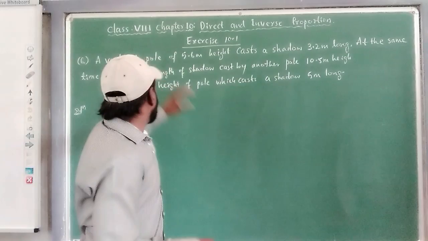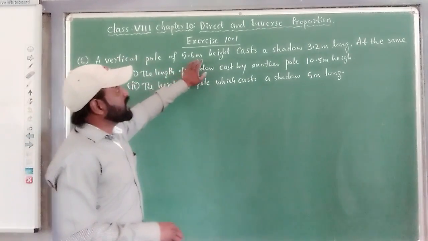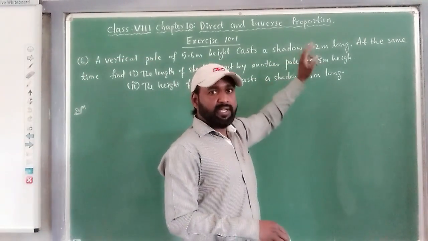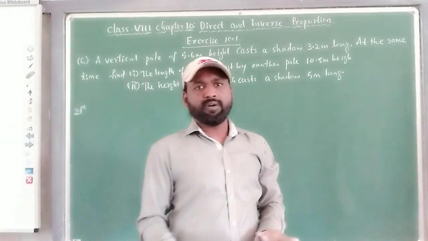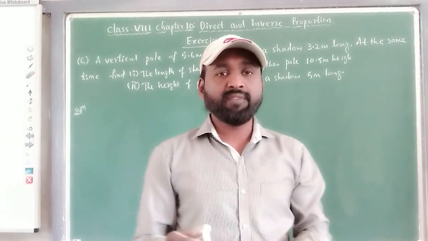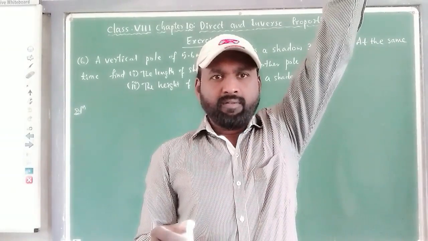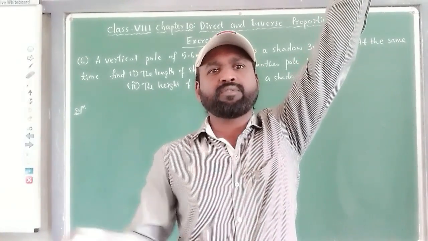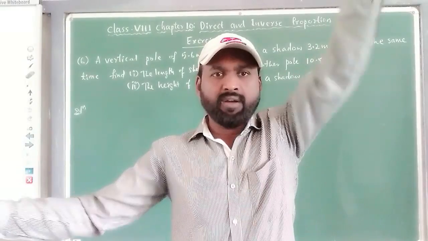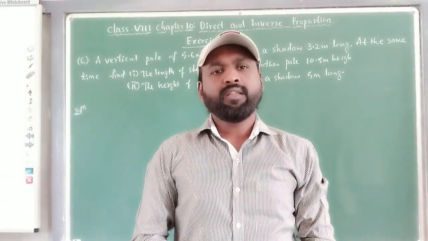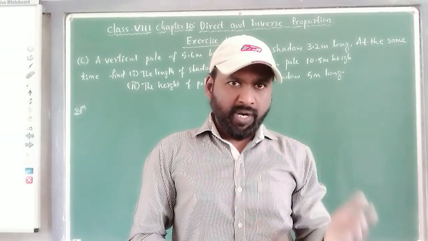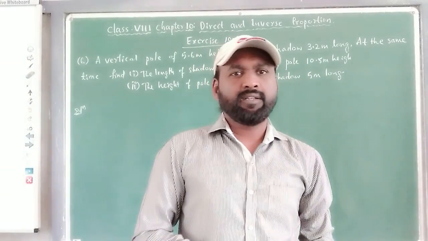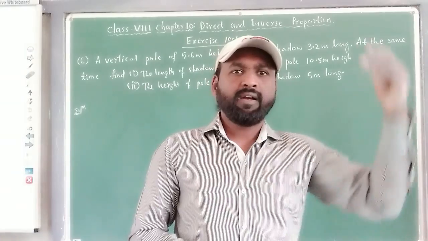First, the relation between the height and the length of the shadow, that we have to find. We know this situation: if the pole is very tall, the length of the shadow is also long. If the pole is short, the shadow of that short pole will be less in length compared to the taller one.